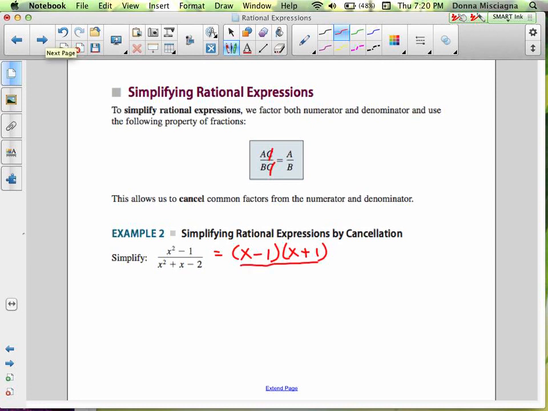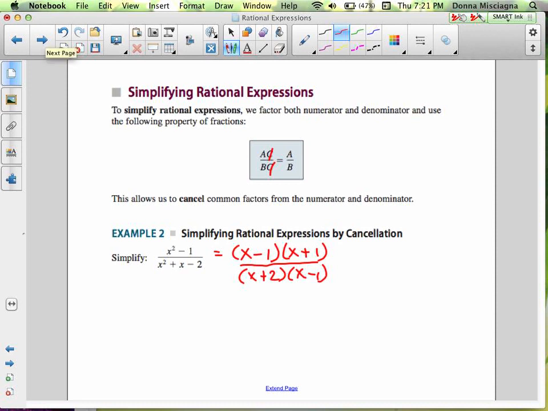x squared plus x minus 2 is a pretty easy factor as well, right? Because our a is 1. It's pretty easy to figure out the two values are going to be positive 2 and negative 1. Right? So x plus 2, x minus 1. So when a is 1, the factoring on a quadratic is pretty easy.